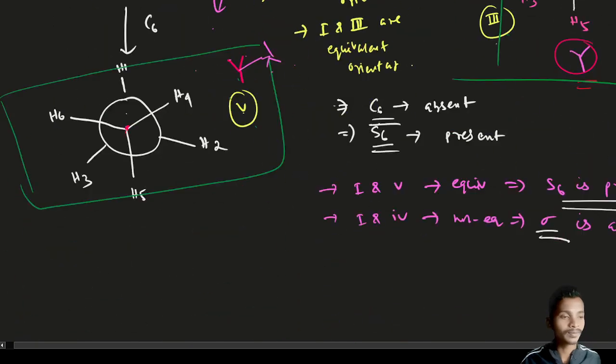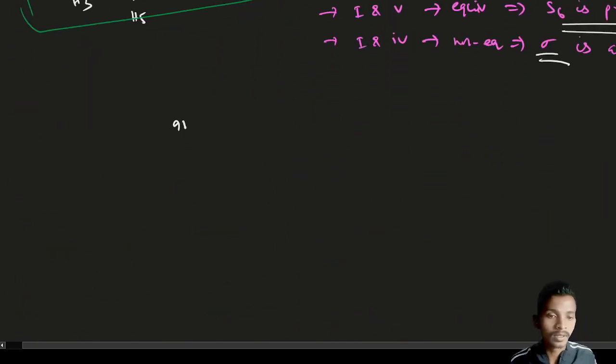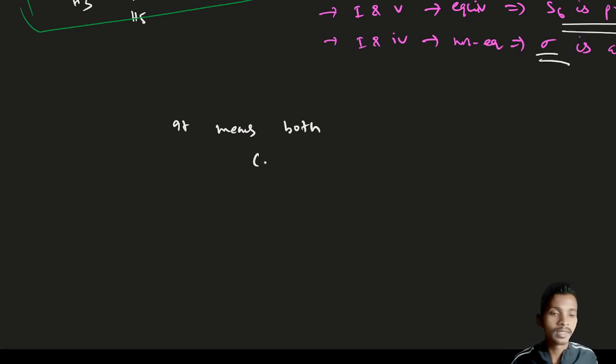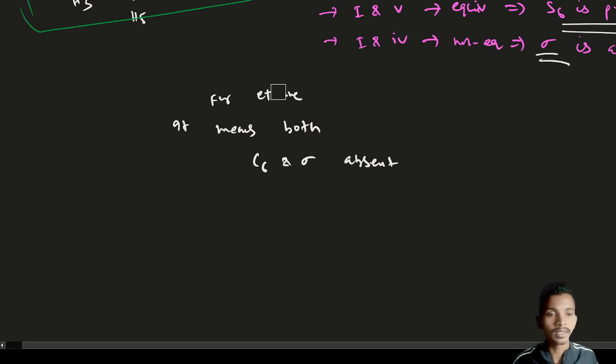It means both C6 and sigma are absent. This is for ethane molecules, staggered ethane molecules.